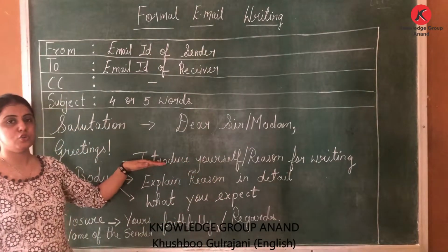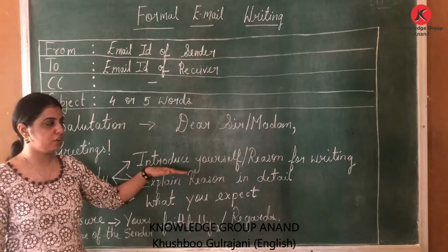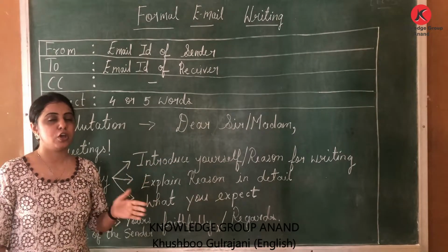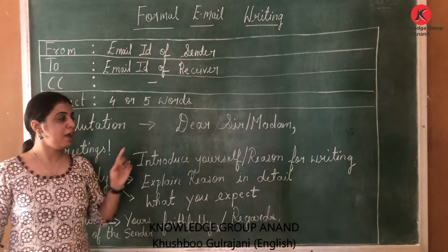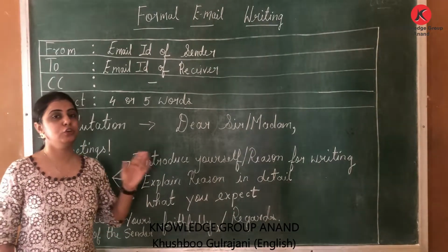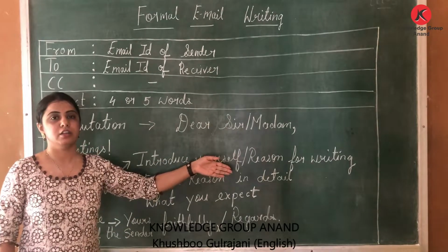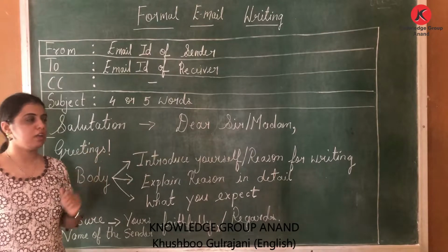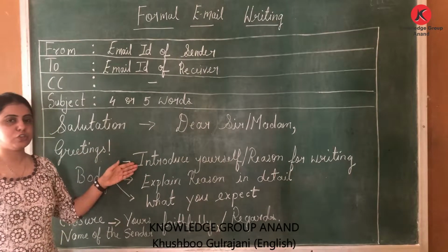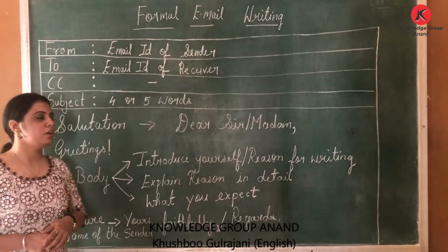So this way you are addressing a large audience. So this is a phrase you are going to use, through the columns of your esteemed newspaper. I would like to draw your attention towards, and then write the reason. So this goes for an email to the editor. So this is introducing yourself and also mentioning your reason.